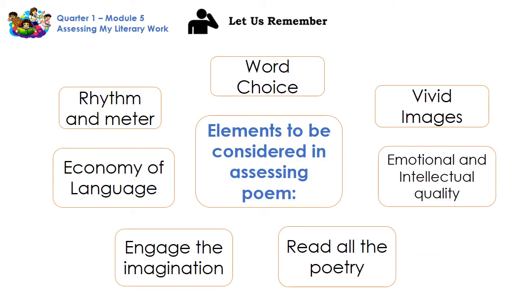Also, remember that there are 7 elements to be considered in assessing poem. Rhythm and meter, word choice, vivid images, emotional and intellectual quality. Read all the poetry, engage the imagination, and economy of language.